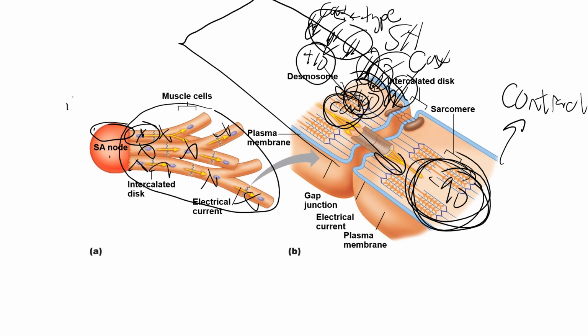And then you say, well, what's going to happen as this wave of positivity, these calcium ions, travel through the gap junction from the SA node fiber into the contractile fiber? Well, of course, calcium ions are a positive ion, and if they're flowing into the contractile fiber, they're going to depolarize the contractile fiber.